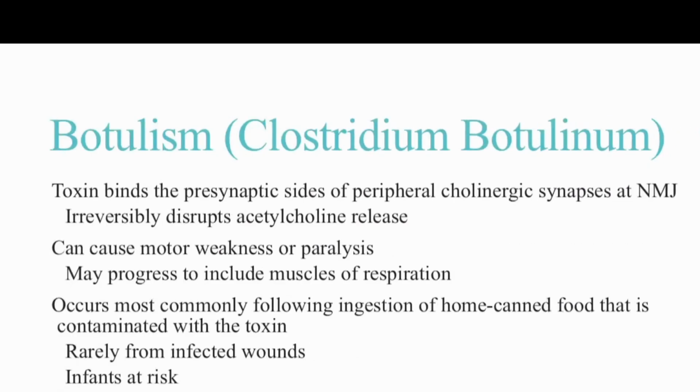Botulism. Okay, what does botulism do? Binds to the presynaptic side of the cholinergic synapses, and it disrupts acetylcholine release. So if there's no acetylcholine release, there's no muscle contractions, and therefore no wrinkles if you can't move your forehead muscles. You don't get wrinkles. That's what Botox does.